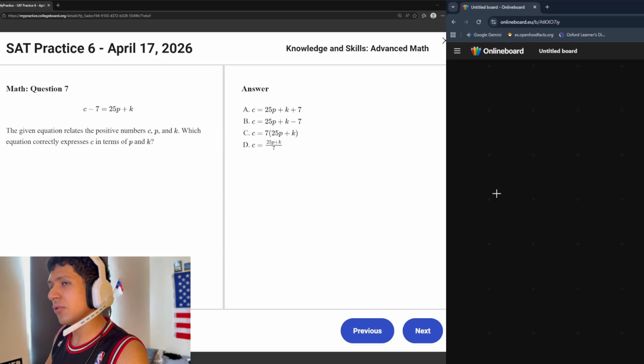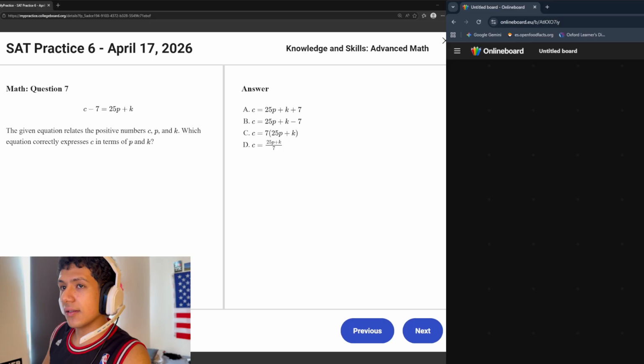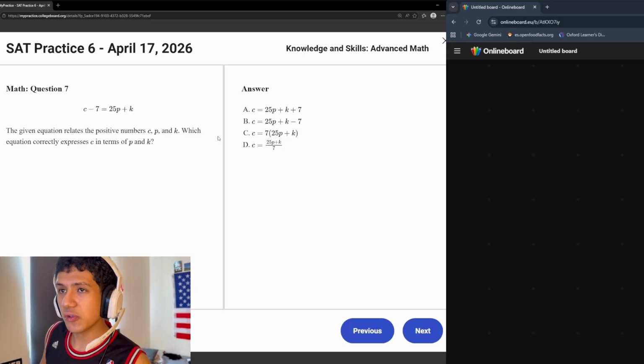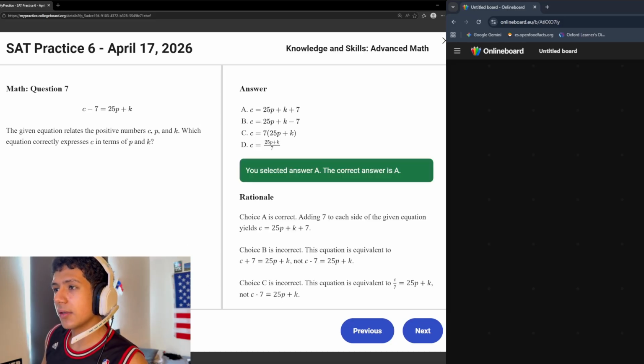So the first thing we're going to do is look at the equation, right? It says c minus 7. Okay, so we just have to add the 7, and the c would be by itself. So 25p plus k plus 7 would be the answer. 25p plus k plus 7. Option A is it.